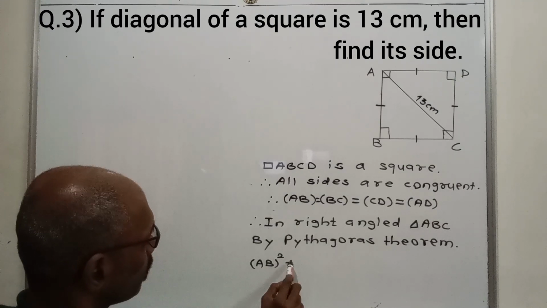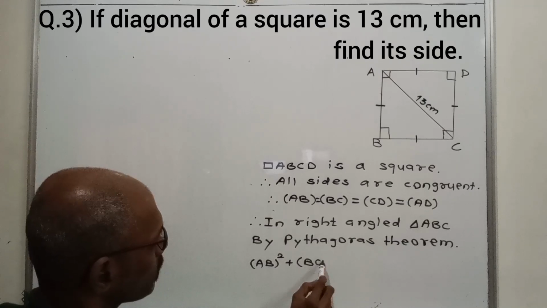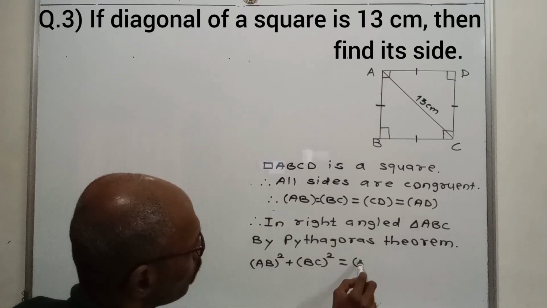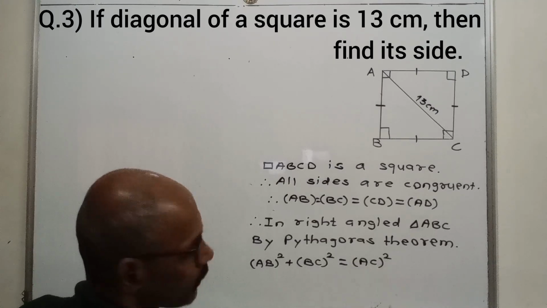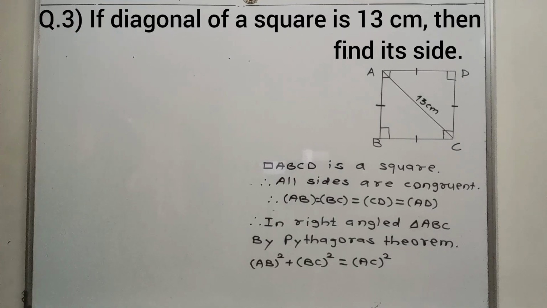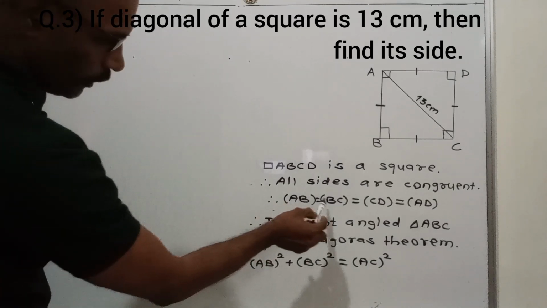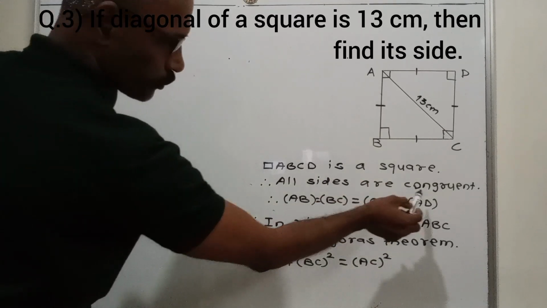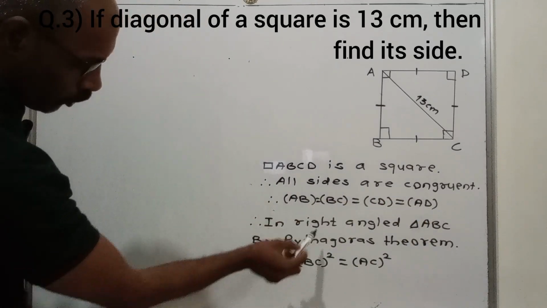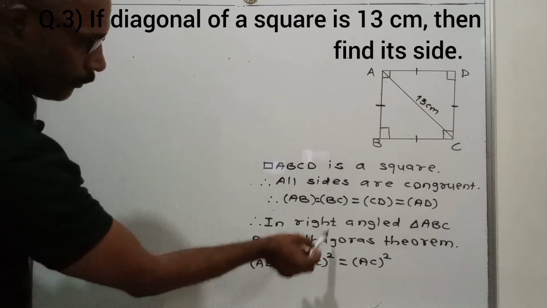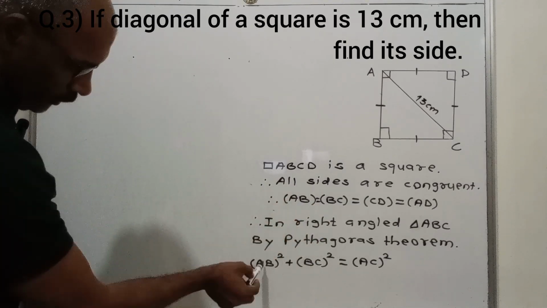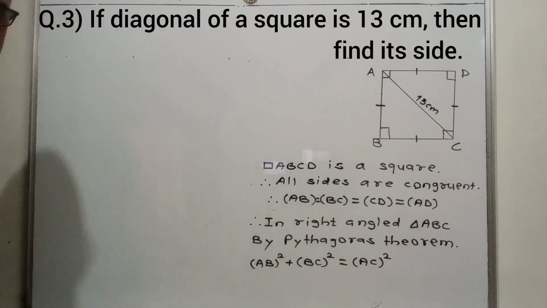AB square plus BC square is equal to AC square. Did you get it? Now we put values here. AB is equal to BC is equal to CD is equal to AD. Means instead of this BC we can put AB, or instead of AB we can put BC.